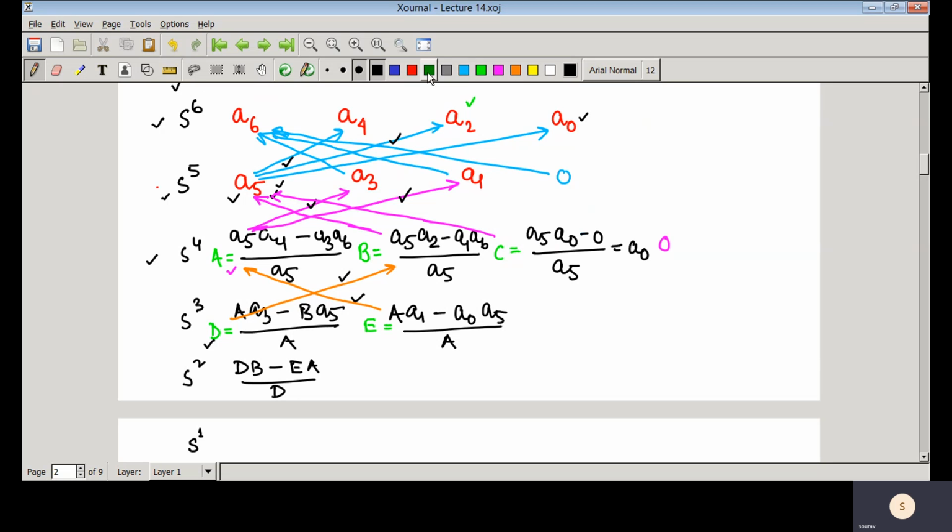And if we do the next one, this term into this minus, so here you have that 0, so D into a0 divided by D. So here you would have a0.